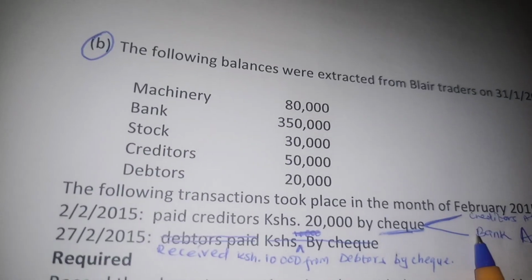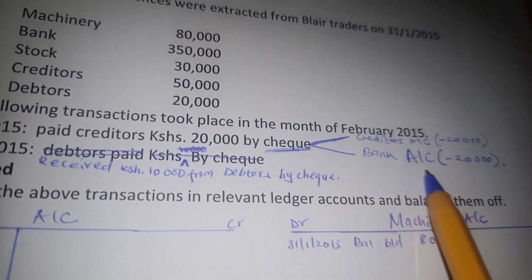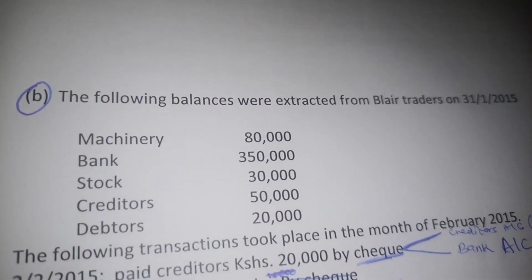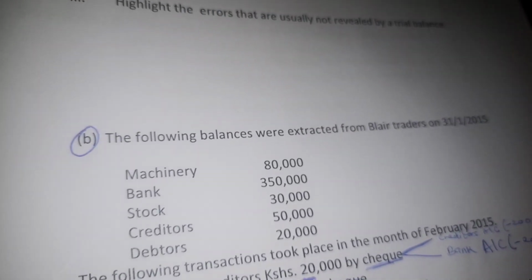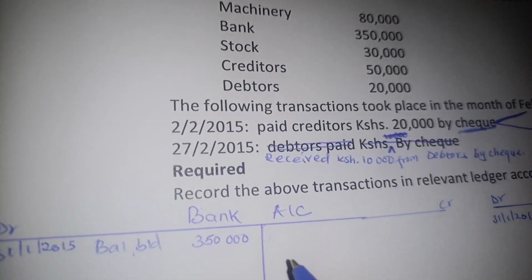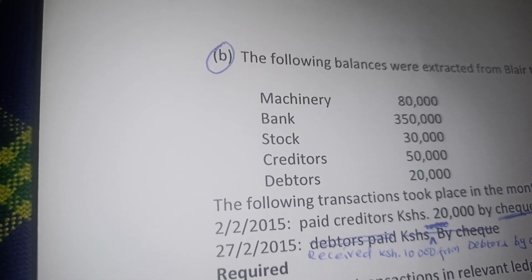Next is the bank account. Also we are seeing it is reducing by 20,000. Bank account reduces by 20,000, so we credit this figure.